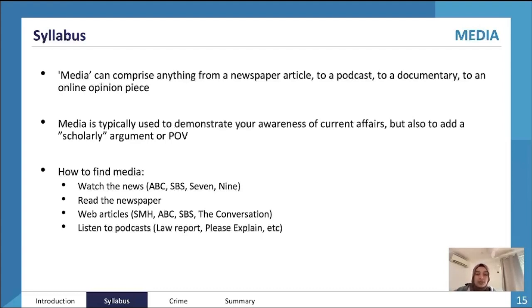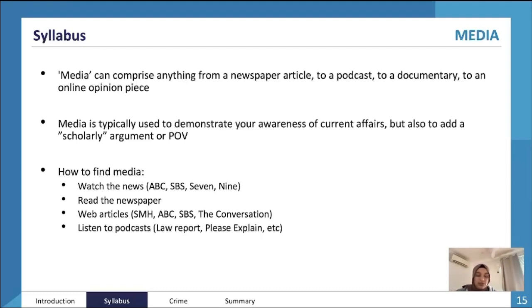Then if you have a certain topic, you can look there, or you can just scroll every day for like 5 minutes and have a look at what's trending or what's making the news and see if that relates to anything that could possibly help you in your essays or that you could include in your notes.